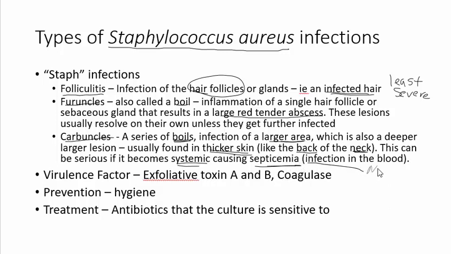That is the most severe issue. This is pretty much either a furuncle or a carbuncle, and it's what we typically see when you have a MRSA infection, which is methicillin-resistant Staph aureus, and that has now become multi-drug resistant Staph aureus.